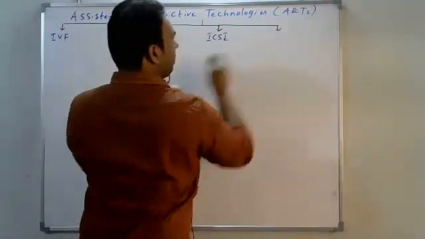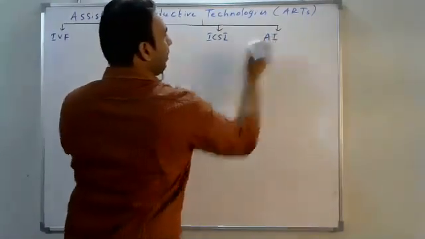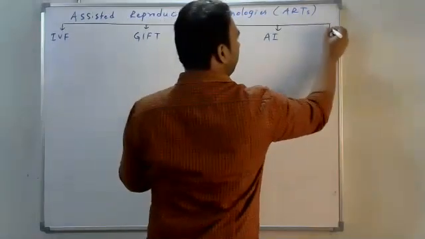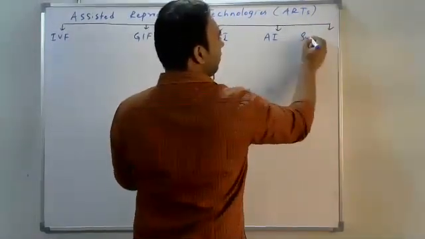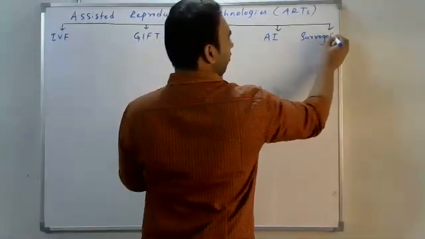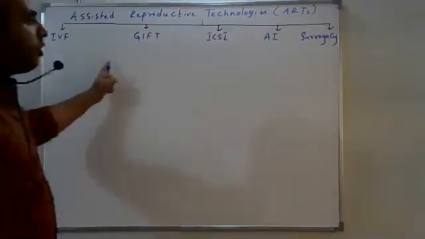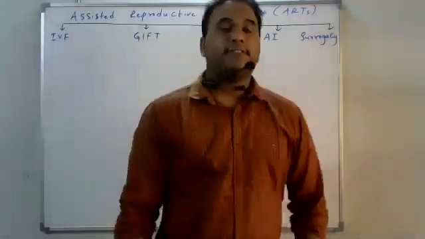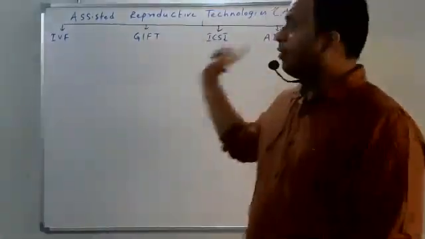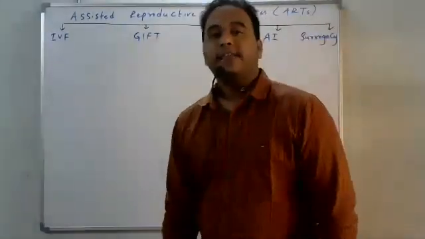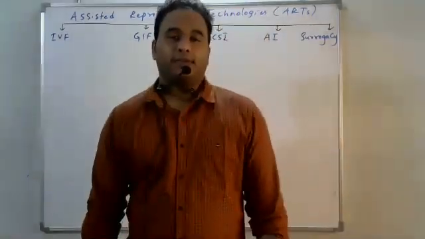Fourth one, AI. And fifth one, surrogacy. These are the 5 methods of assisted reproductive technologies.